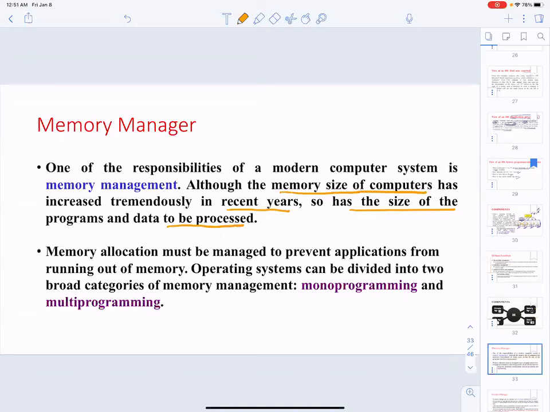So the operating system should take care of this efficiently and guarantee that when a process is executed, the memory is used efficiently. That means we need a part of the operating system that will manage the memory.